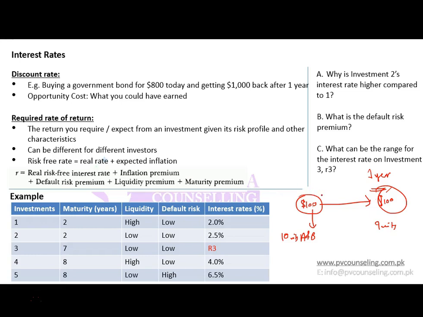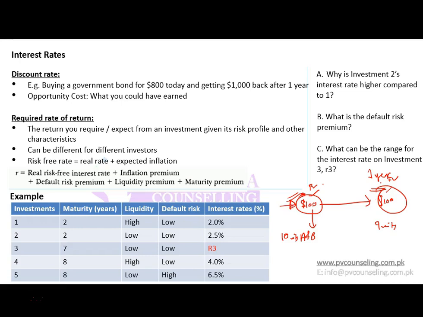And how do we come up with that discount rate? Discount rate is that rate that can convert present value to future value, or future value to present value. Just to further clarify it, if you have $100 as of today, then you would have multiple options. Maybe you can invest this $100 and it will become 110 in the future or some other amount, or maybe you can keep this 100 as it is. If you are keeping this $100 with you as it is, that means you are not investing it.